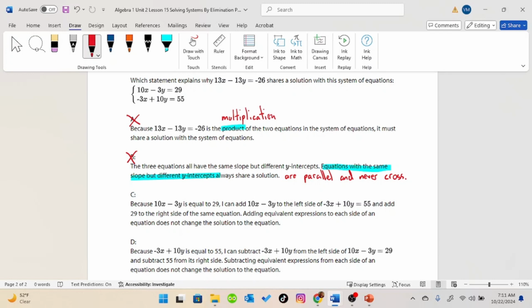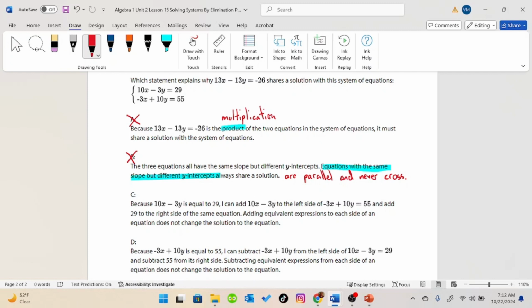Choice C, because 10x minus 3y is equal to 29, I can add 10x minus 3y to the left side of negative 3x plus 10y equals 55 and add 29 to the right side of the same equation.